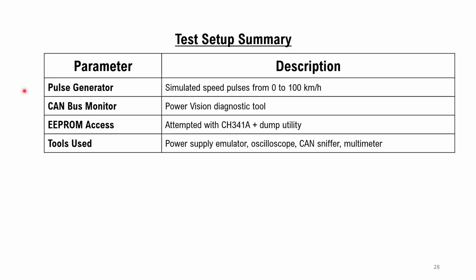Test setup summary: a pulse generator simulating speed pulses from 0 to a set speed in kilometers per hour, CAN bus monitor, Power Vision diagnostic tool, and EEPROM access attempted with a CH341A plus dump utility.